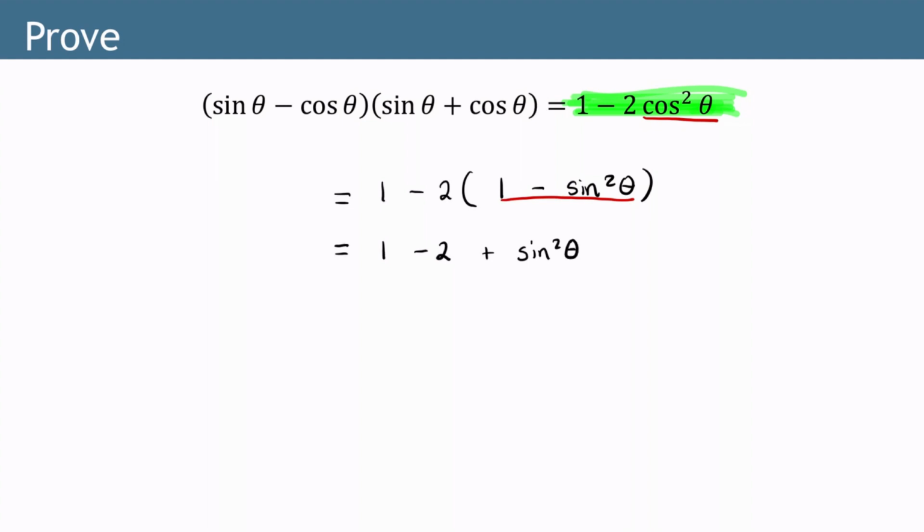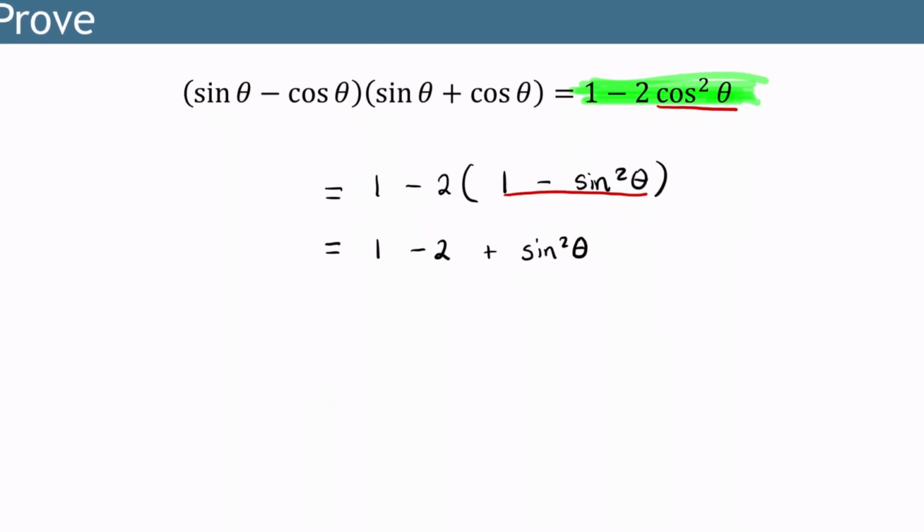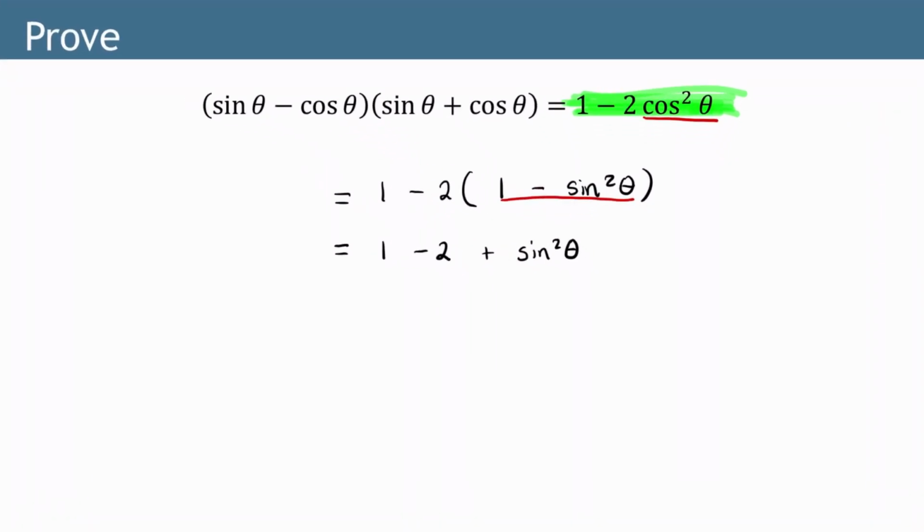All right. Let me see here. That's not really doing anything for me, because I'm getting into this cyclical situation, since now I'm back to sine squared. I've got 1 and minus 2, and 1 minus 2 is negative 1.